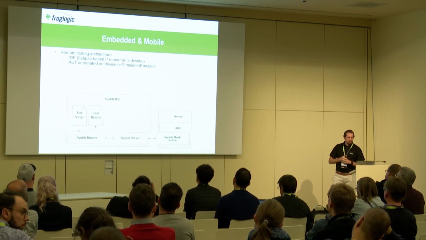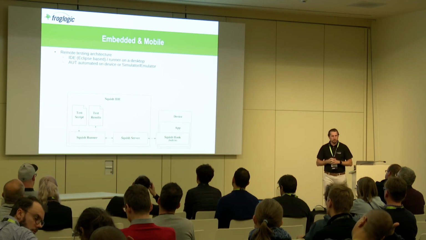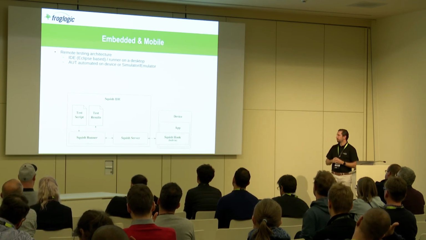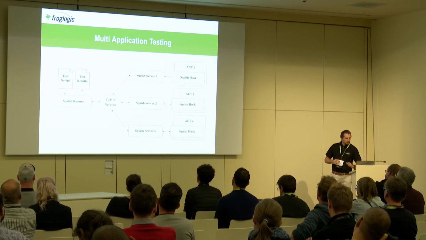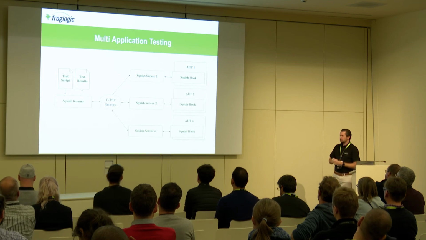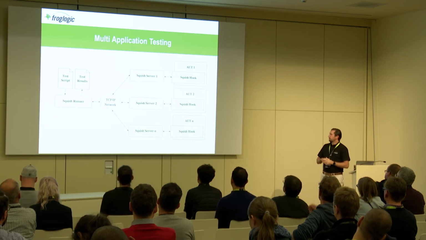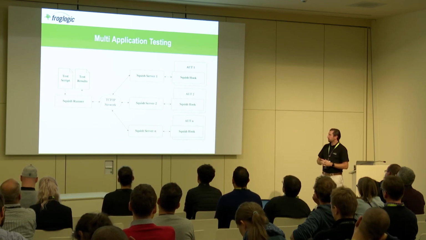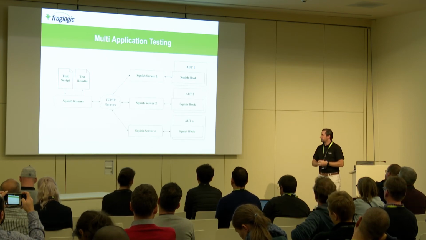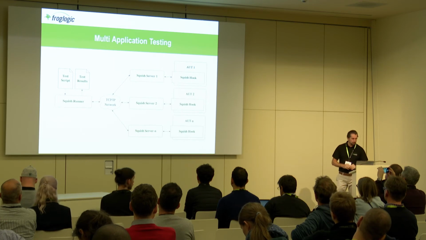And that way, the Squish hook opens up a listening socket so we can connect from the outside to that device and interact with the application. Last architecture slide, I talked about multi-application testing. So a single Squish runner can also connect through several servers to several applications under test to basically run a multi-application scenario.